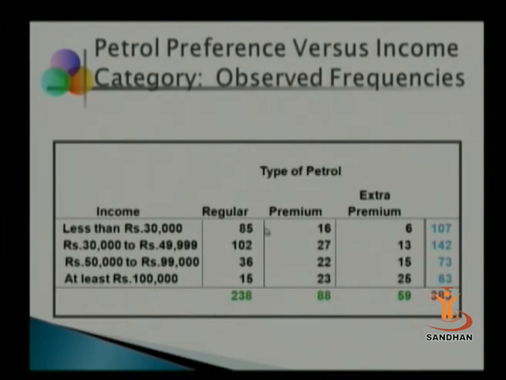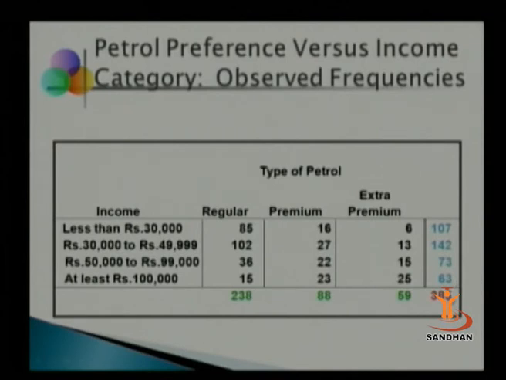The types of petrol are regular petrol, premium petrol, and extra premium petrol. That means we want to test whether there is an association between the type of petrol and income category, that is, whether the preference depends on income or not.